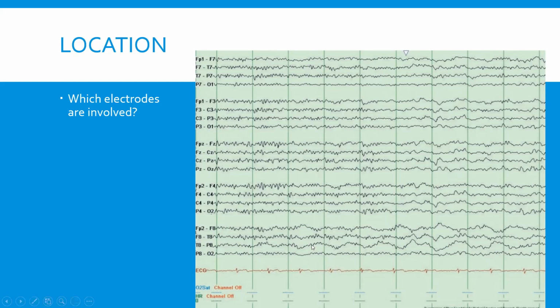On the temporal lobe, you can see this big slow activity. That means there's a lot of slowing. So we say the slowing is over the right temporal region, because everywhere else is pretty similar, and this is the one that's very slow. This is where the abnormality is, with all this big delta wave. Delta means 1 hertz, so this is a big 1 hertz activity.